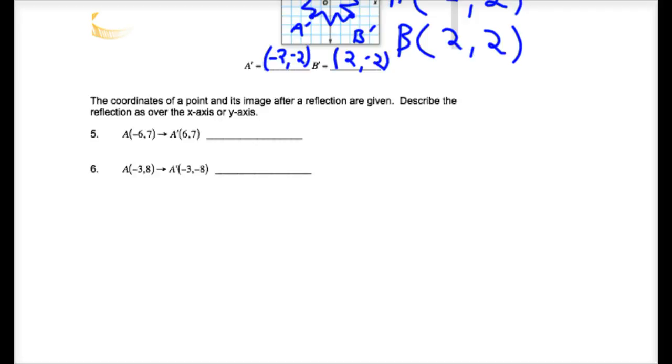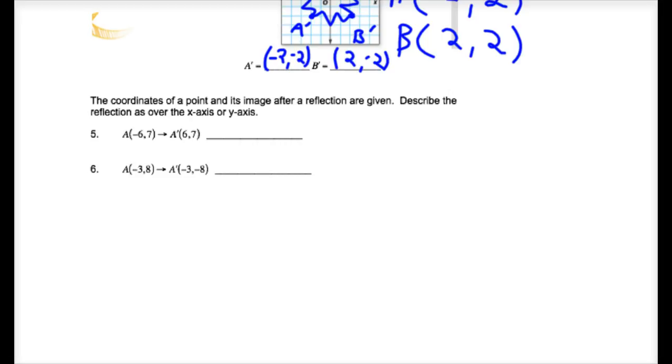If A was negative 6, 7, and A prime became 6, 7, how was that reflected? See if you can figure it out. What do you think, Teddy? That's a y-axis. How'd you know? Because when you do a reflection over the y-axis, you multiply the x point by -1. And that's what happened, right?